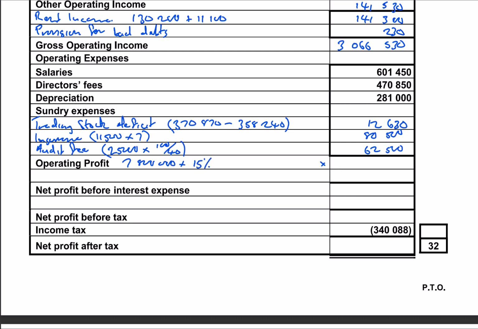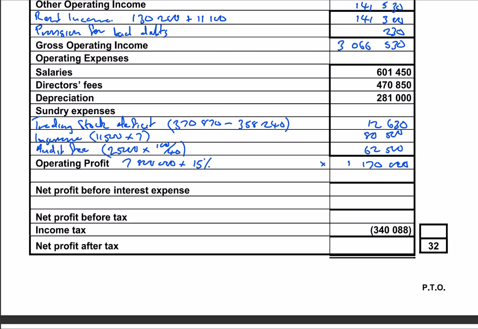Right? Because that's what you're told, operating profit on sales. So that's 7,800,000 times 15%. That's 1,170,000. That's our operating profit. Once you have our operating profit, you can calculate our operating expenses.